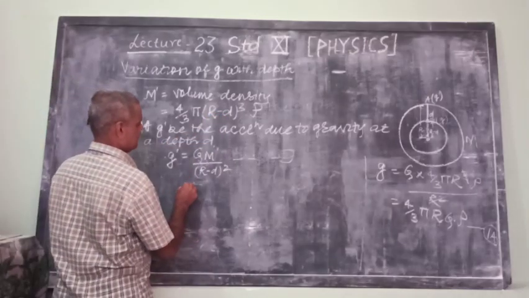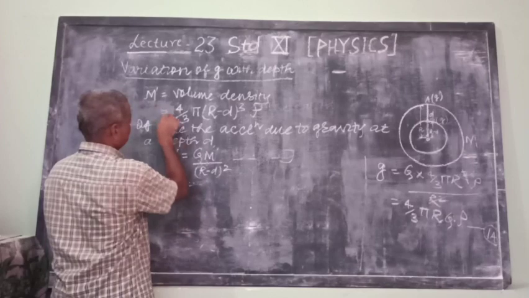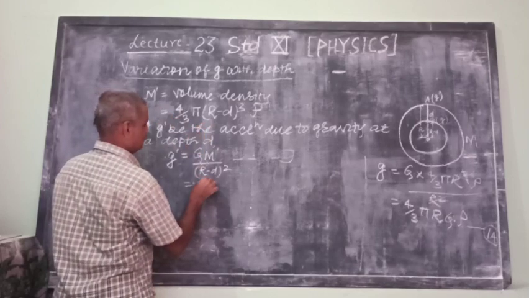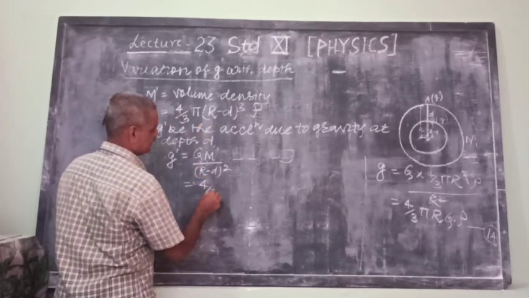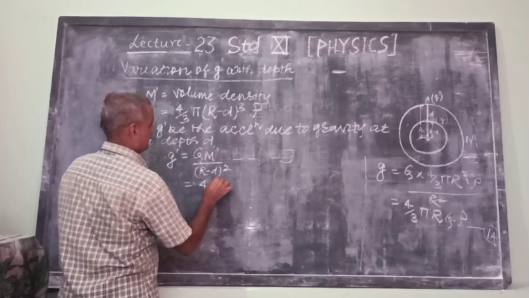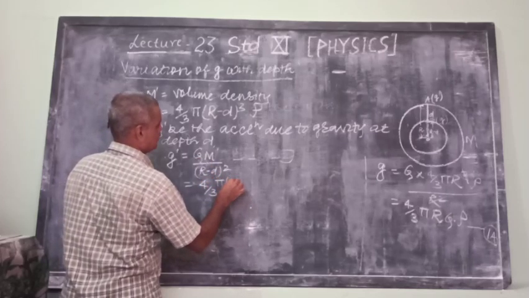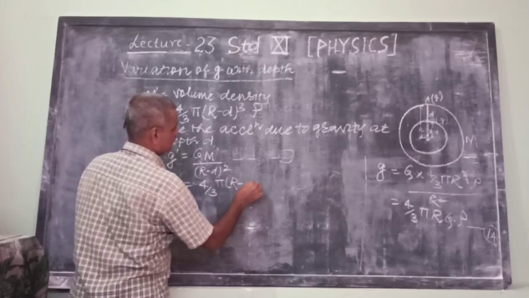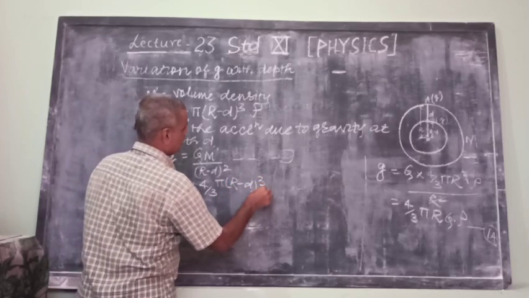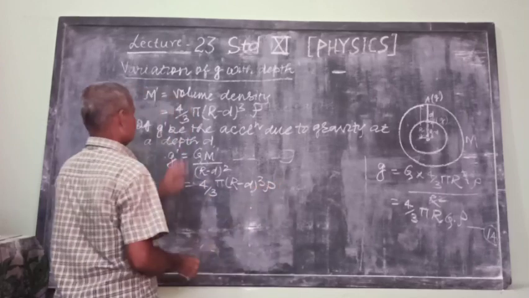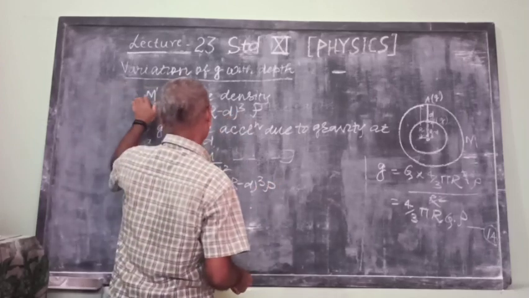What will be this one? Putting this value of m dash, 4 by 3 pi r minus d whole cube into rho, that is the value of m dash.